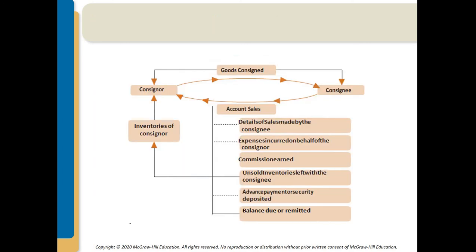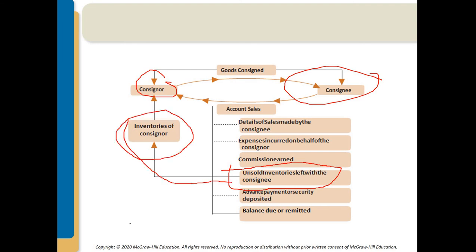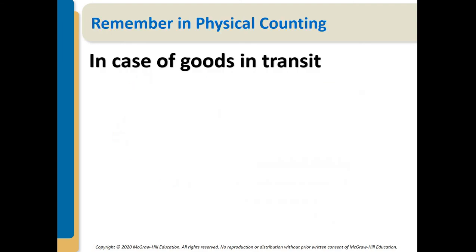In more detail, here is the consignor and here is the consignee. The consignor sends goods on consignment to another person. The unsold inventories left with the consignee will be counted as inventory of the consignor. So have that in mind.